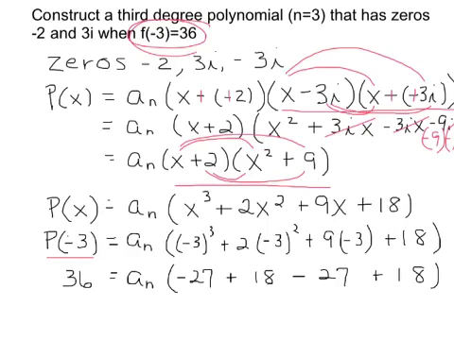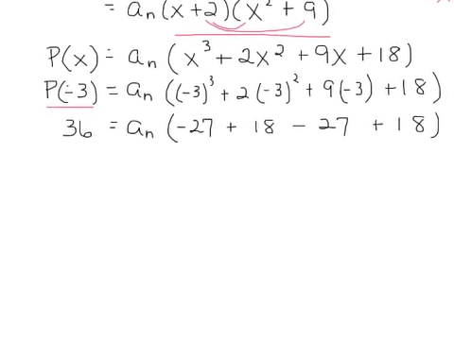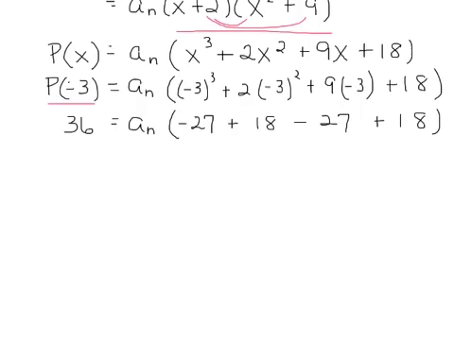So, working these numbers a little bit further, we've got 36 equals a sub n times, I would put together the positives, so 18 and 18 is 36, and then the negatives, -27 and -27 is -54, so the net result is -18.